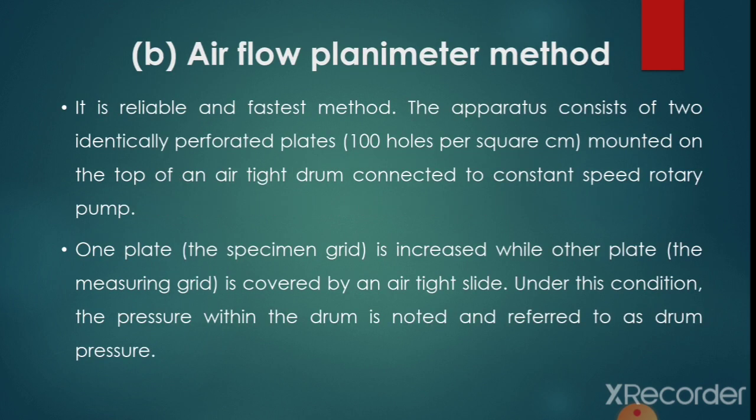The next one is the airflow planimeter method. This method is a reliable and fastest method. The apparatus consists of two identically perforated plates, each plate having 100 holes per square centimeter. These plates are mounted on the top of an airtight drum connected to a constant speed rotary pump.